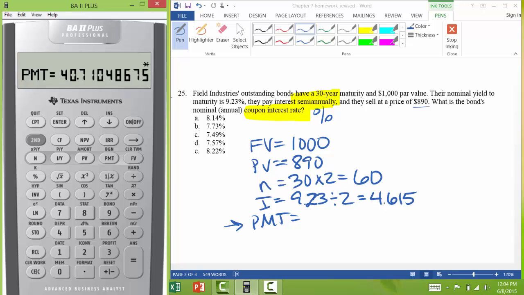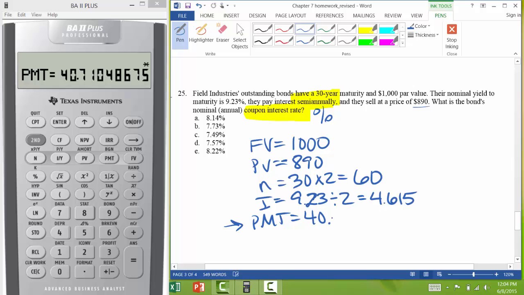And so we get $40.71. But this is the periodic, like 6-month payment. So when we get this, we actually have to multiply this times 2 to get the annual payment amount.